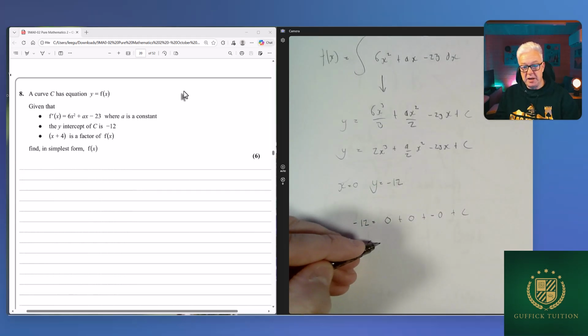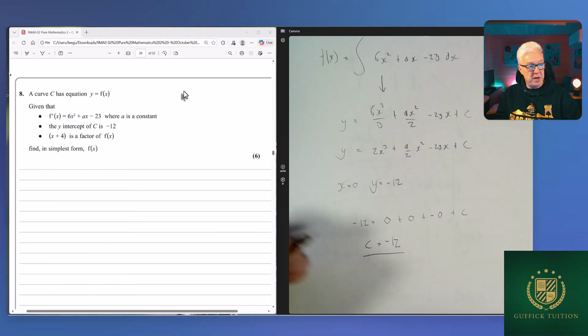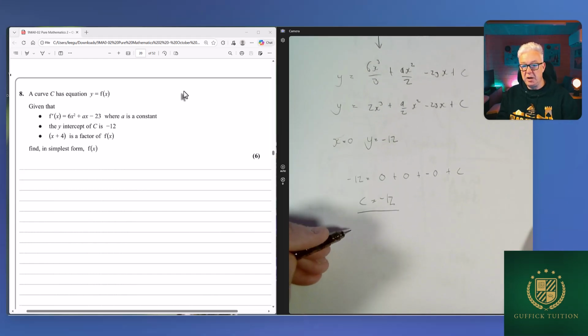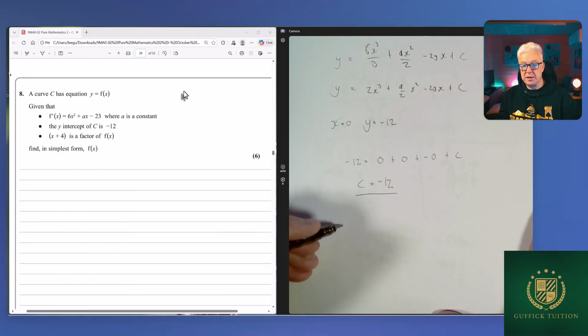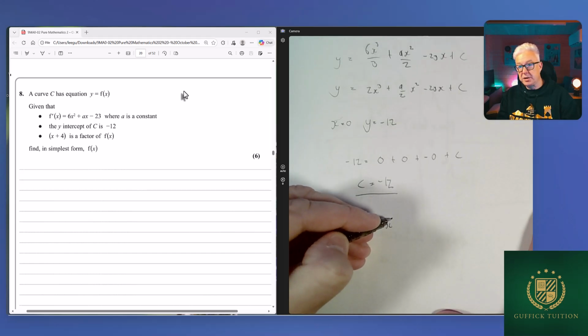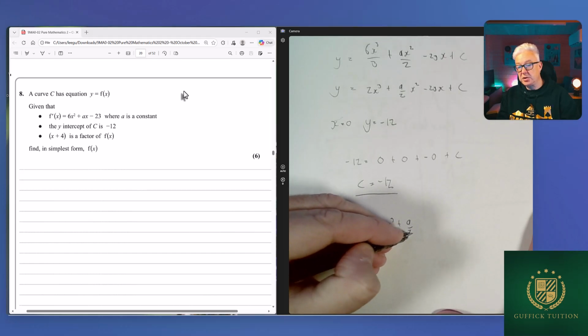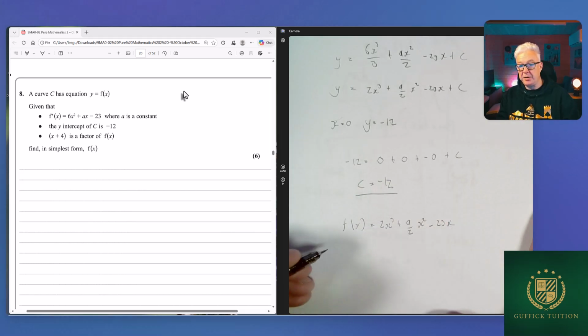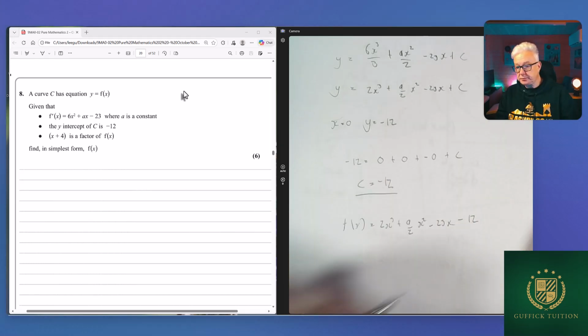Therefore c is equal to minus 12. So far we've got that f of x is equal to 2x cubed plus a over 2 x squared minus 23x, and we now know that c is minus 12.